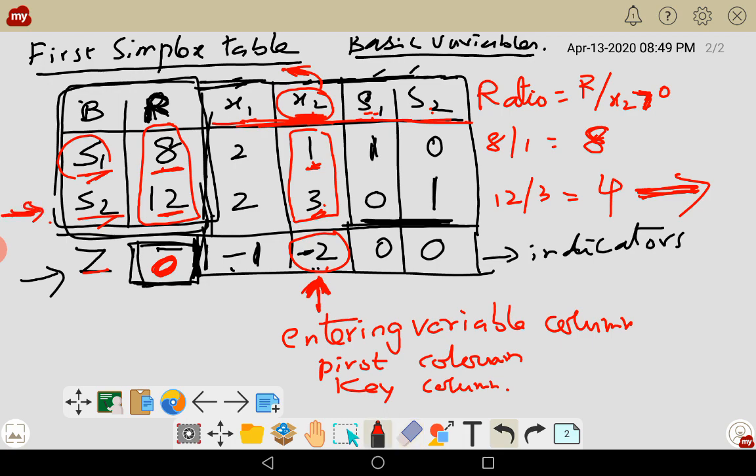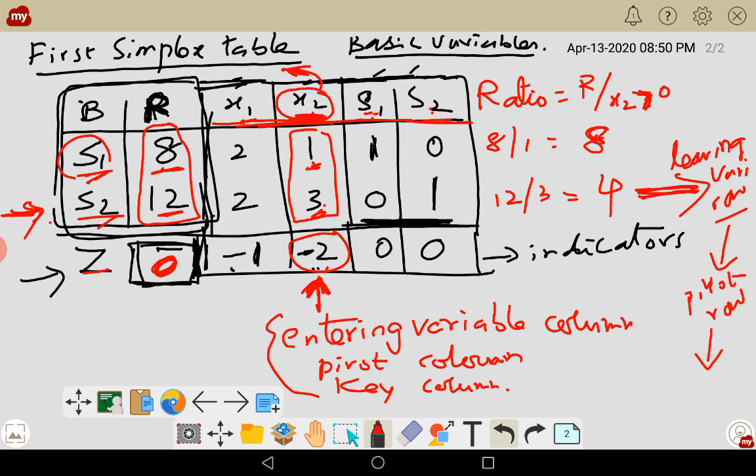What is the meaning? This row is called, again there are three different names just like the column, leaving variable row, or we can call it pivot row, or you can call it key row or leading row, or you can give different names, no issue.